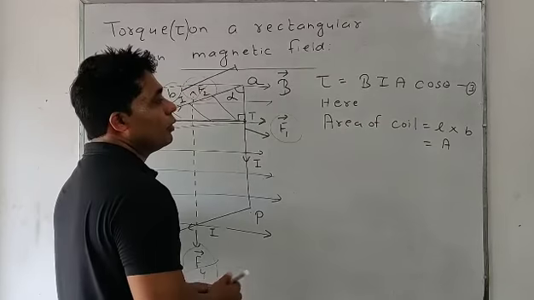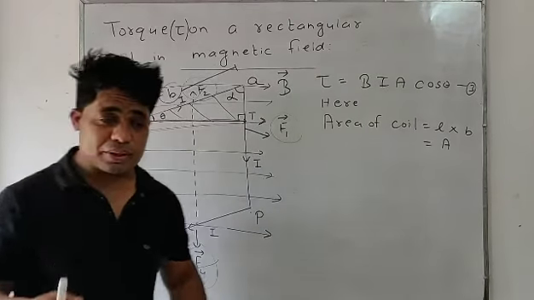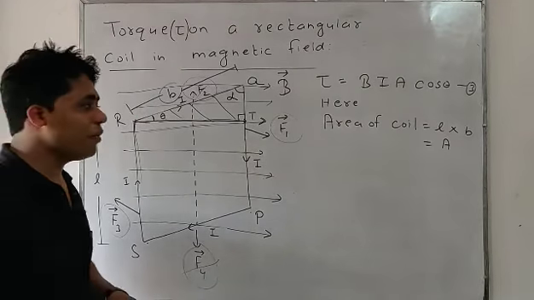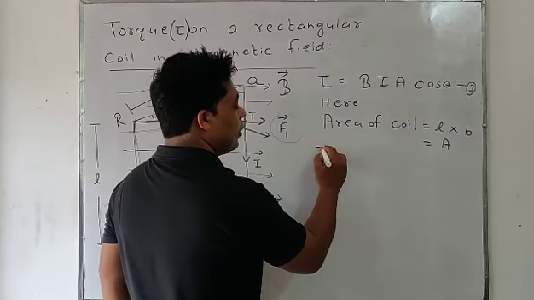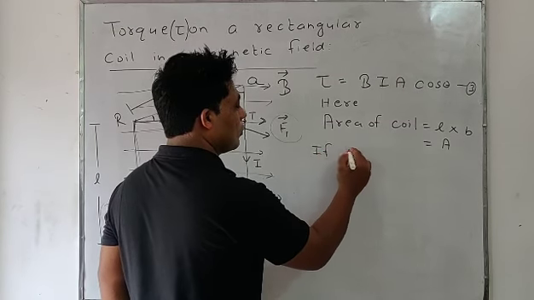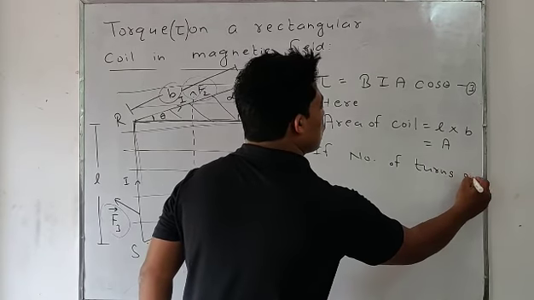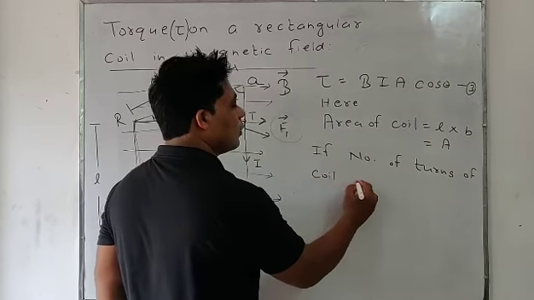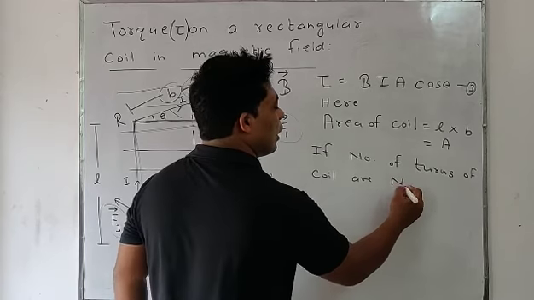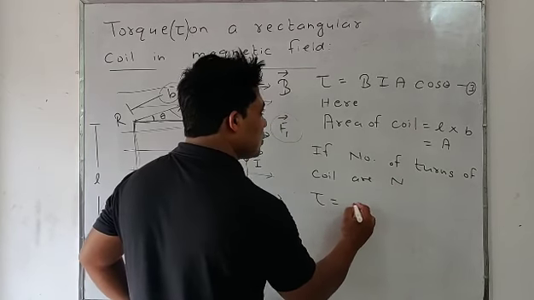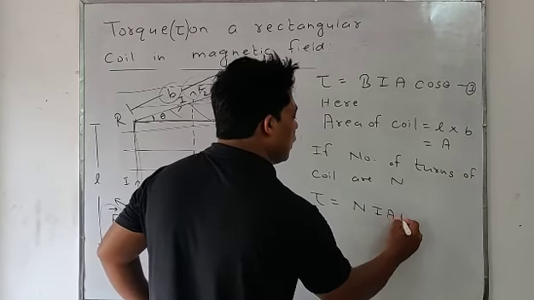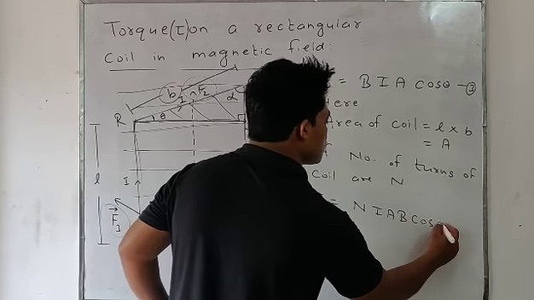Now thereafter, this is torque for a single turn. Suppose if n number of turns of coil are there, so for n turns, N I A B cos theta.